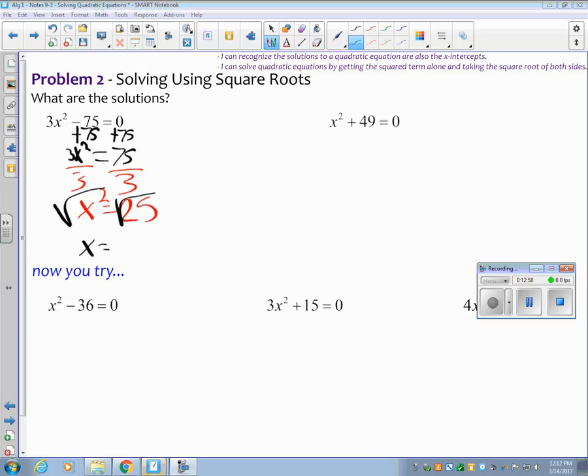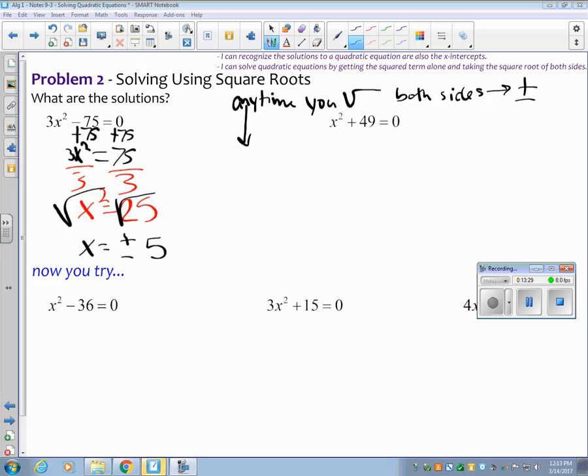Here's the big important part. It's so important we're going to write it here. Anytime you square root both sides, make sure you have a plus version and a minus version. A plus version and a minus version.